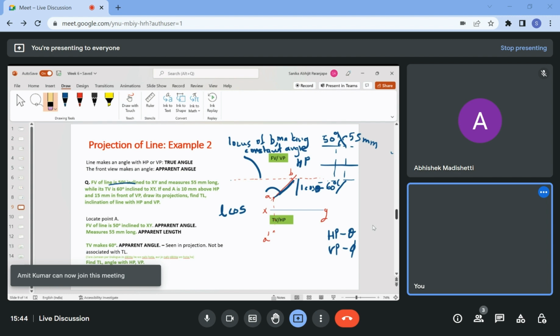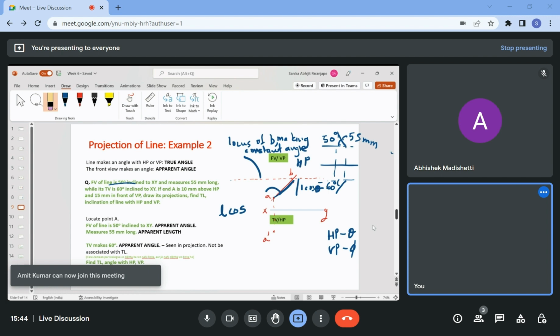So they have said that C is in HP, which means that when I see in the vertical plane, I do not see any distance in the vertical plane. So C will be here, and C will be 50 mm in front of the vertical plane.